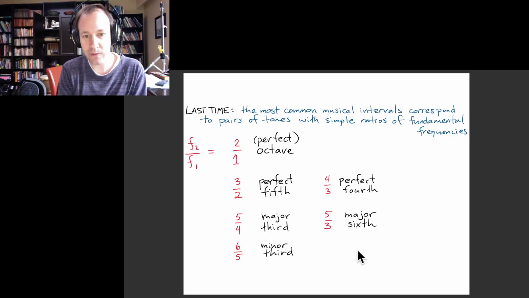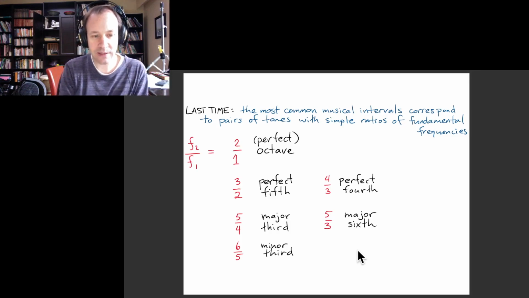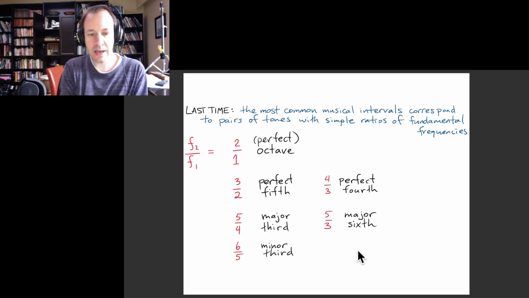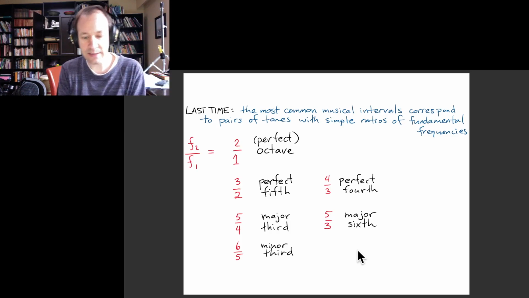The perfect fourth is a 4-to-3 ratio. The major third is a 5-to-4 ratio. A sixth is a 5-to-3 ratio. And then the minor third is a 6-to-5 ratio.